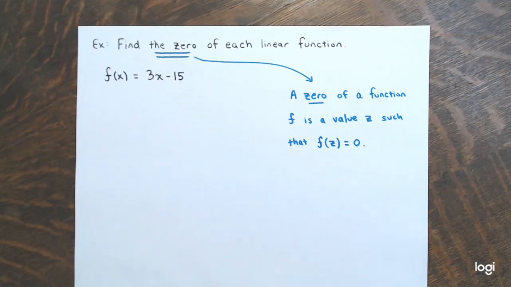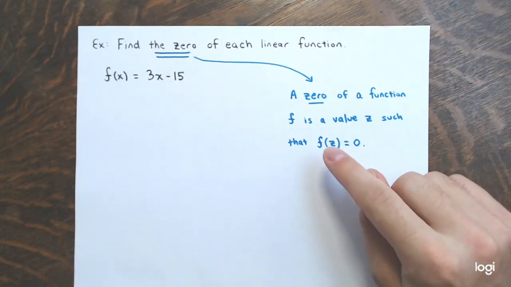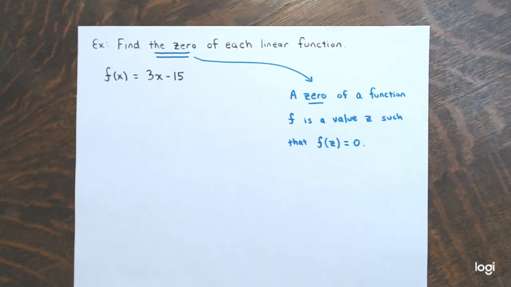So again, like I said earlier, it's any input that yields an output of 0, or any input that corresponds to an output of 0.